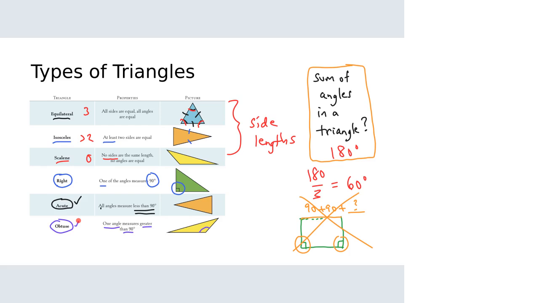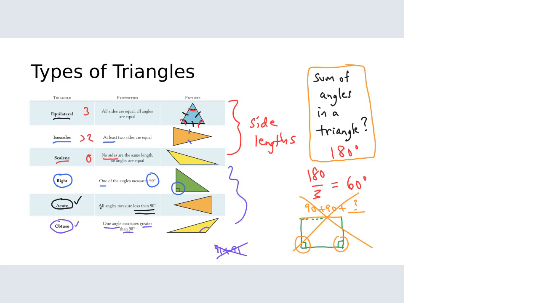We can only have one that's bigger than 90, because if I had a 91 and a 91, that's too many degrees. It can only have 180 total, so two 91s would be too much. So we can only have one obtuse angle in there, and that makes it an obtuse triangle.